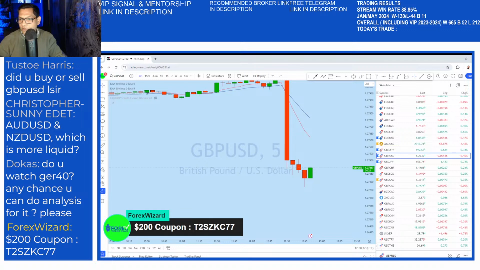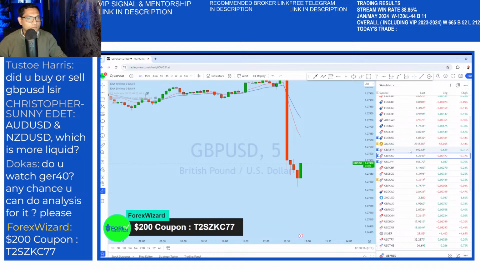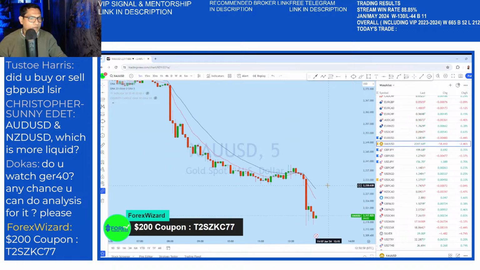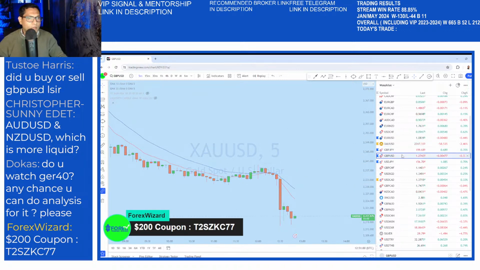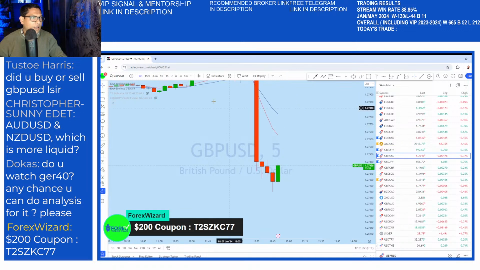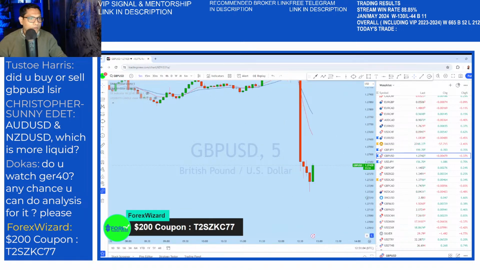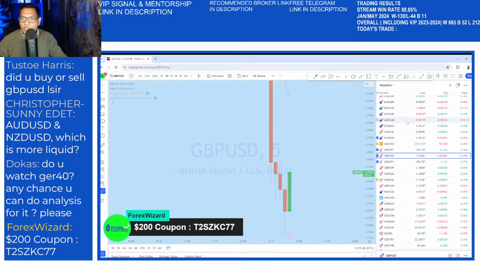Okay, let me pick that. Okay, here is GBPUSD. It's breaking above that liquidity candle zone.